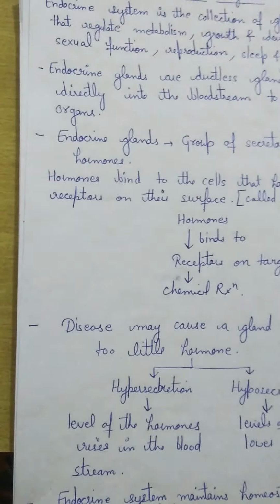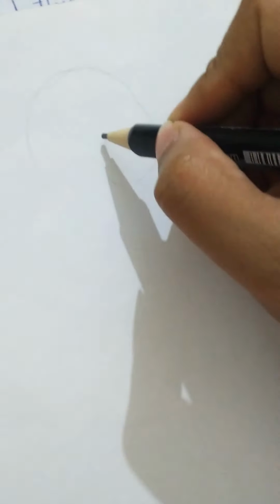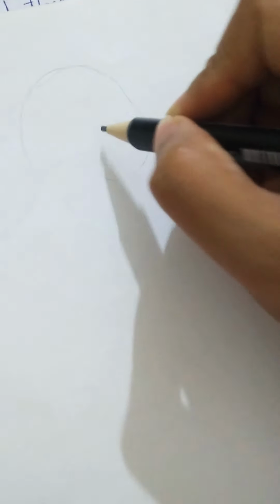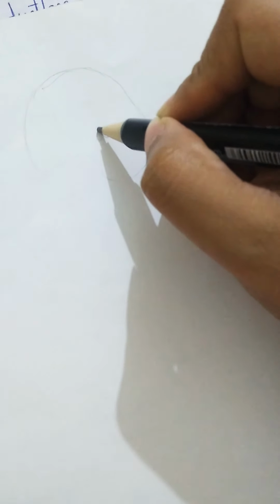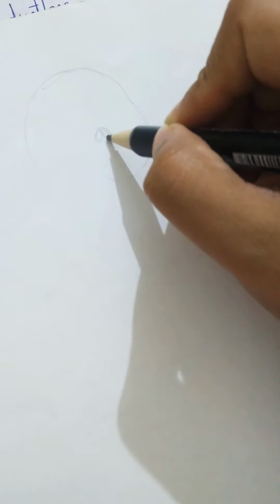Okay, so first of all we should be clear about one thing, that our brain is like this, and there is a master gland which is known as the pituitary gland. Where does the pituitary gland lie?